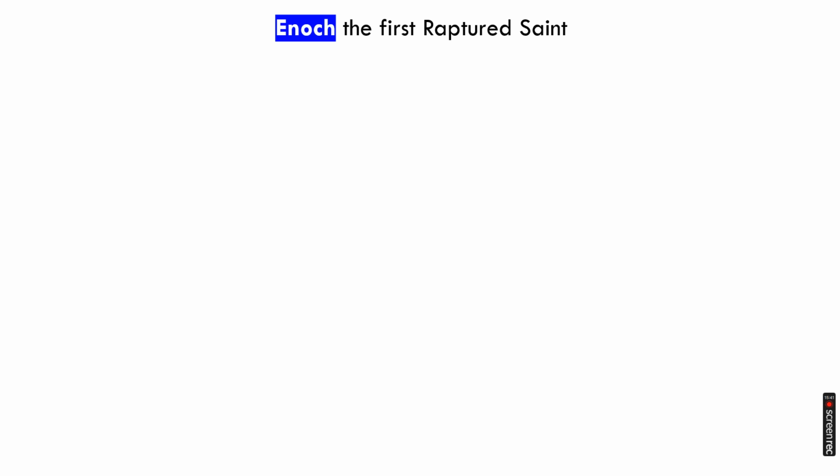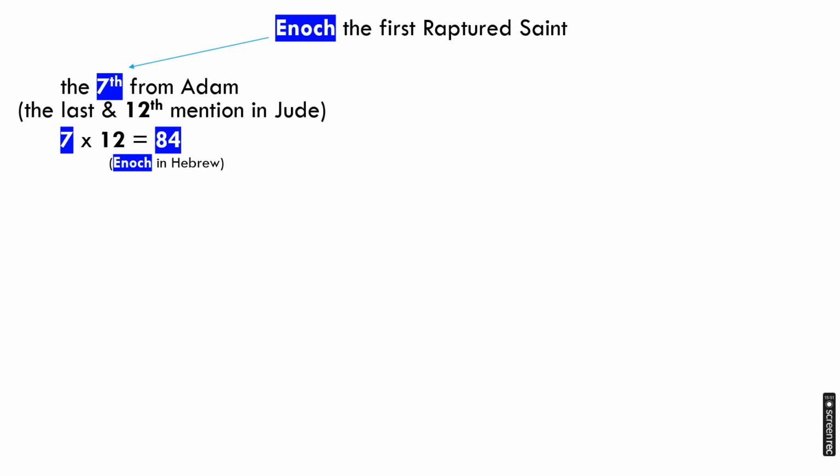Enoch is really a huge clue, as his Hebrew name Hanok shares the same root and meaning with Hanukkah, which means dedication. He is the seventh from Adam, as described in Jude, which records the last and 12th mention of the name Enoch. 12 times 7 is 84, the Hebrew gematria of Enoch.